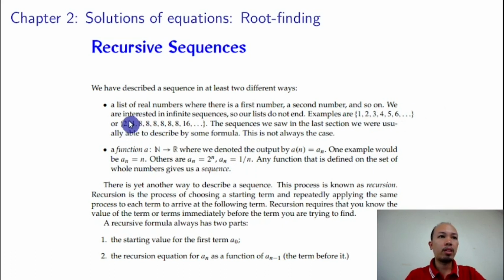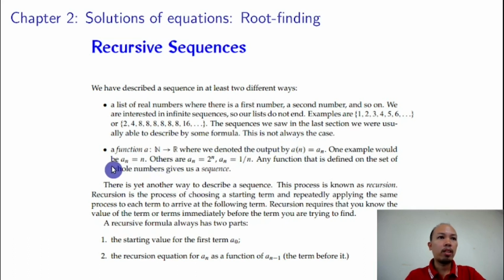Or you can have this kind of sequence, 2, 4, 6, 8, 16, and so on and so forth. The sequences we saw in the last section, we were usually able to describe by some formula. Remember in our calculus 3, we define it this way. Okay, but as you can see, this is not always the case.